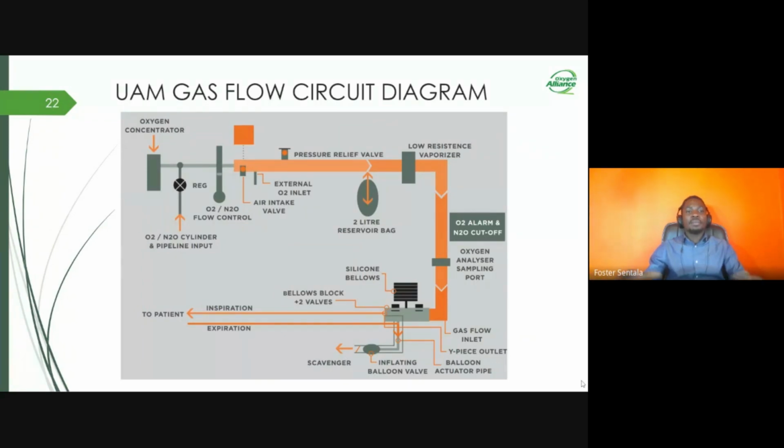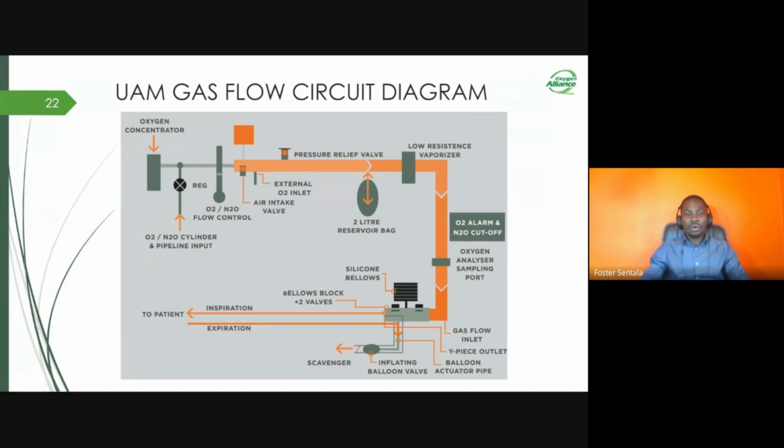Basically, this is a schematic diagram representing how gases are flowing in our machine, the UAM. You have the oxygen concentrator as a source of gas passing through the pressure controls, and then this goes to the vaporizer after passing also the 2 liters reservoir bag. Also take note that these are monitored by the oxygen sensors and the cutoff valve for the nitrous oxide.